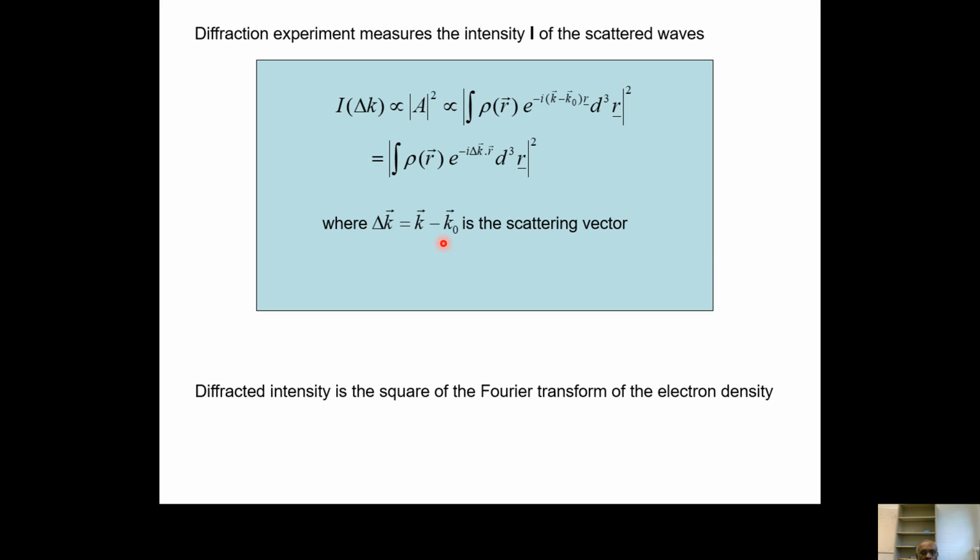So the diffraction intensity is basically the square of the Fourier transform of your electron density. Everybody knows how to calculate the Fourier transformation. This is going from real space to your momentum space.